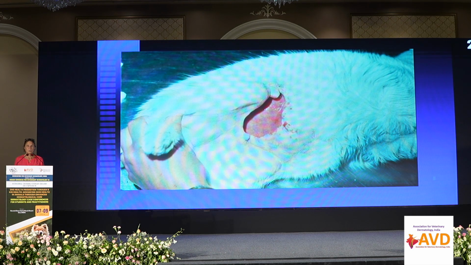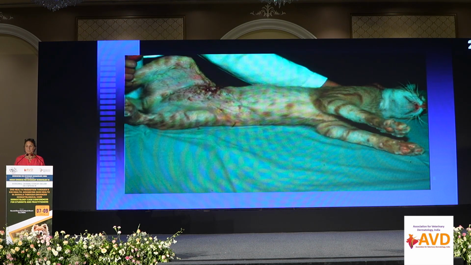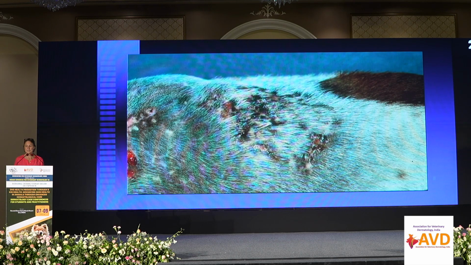Also, these lesions don't heal well after surgery, so they will end up dehiscing, and you end up with a larger and larger defect in the skin. Again, the ventral abdomen is a common area for this disease.